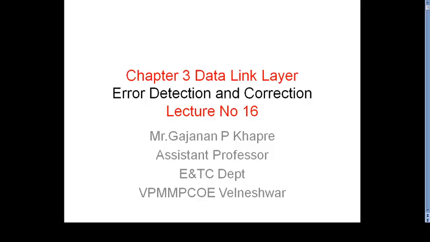Then framing, where we discussed 4 different methods of framing. Then error control and error detection. These 4 issues deal with the design of the data link layer. Today we start with error detection and error correction.